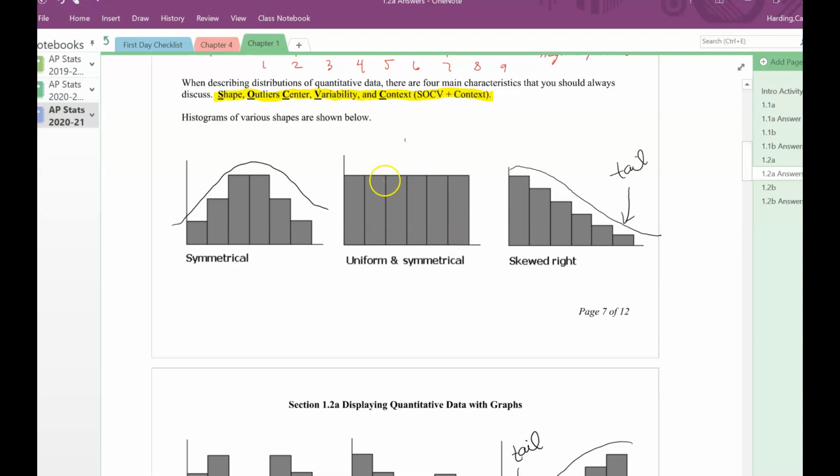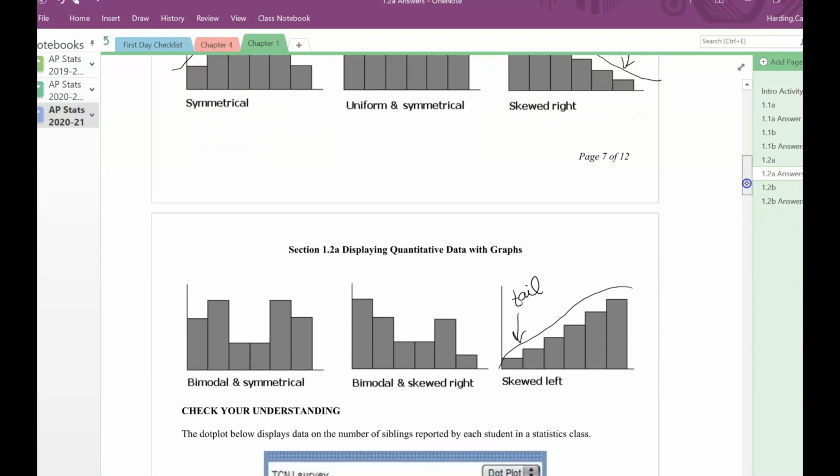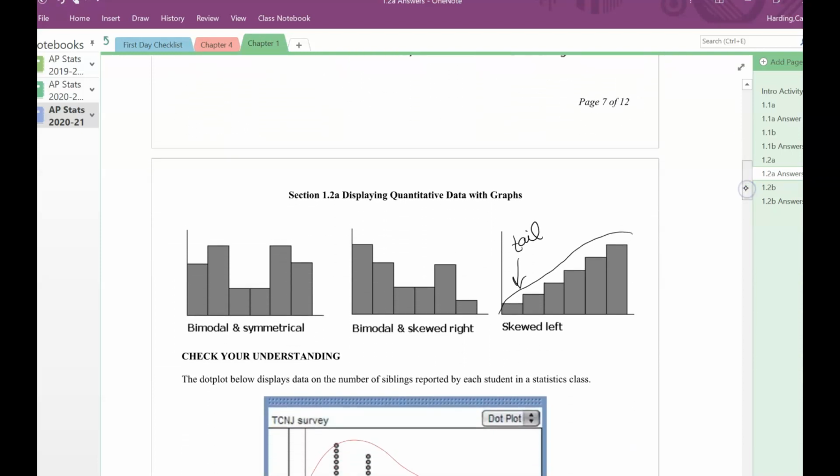There's also what's called a uniform distribution where pretty much all of the bars are the same height. These are all descriptors of shape. Another feature that you could describe that has to do with the shape is how many modes the graph has. If you remember, the mode is the most common value. Those are identified in a distribution by the peaks in the graph. So if you look at the one on the left here, this would be called bimodal because there are two distinct peaks in the graph.